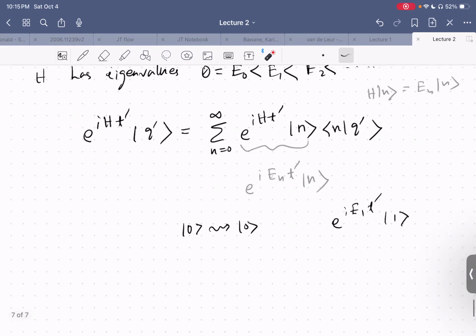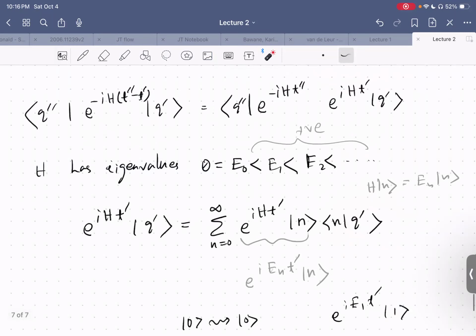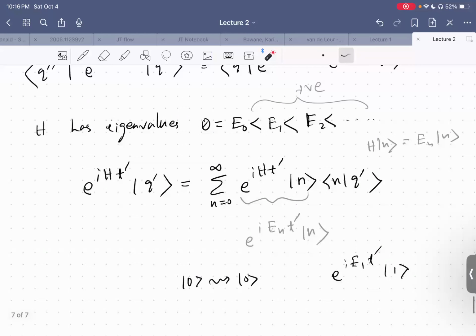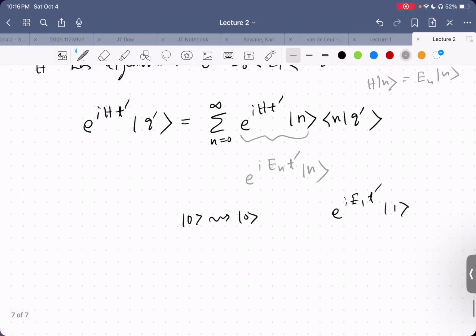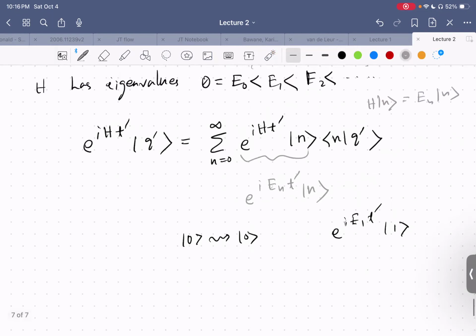So what happens? You have the exponential of the imaginary number I, and then something negative.